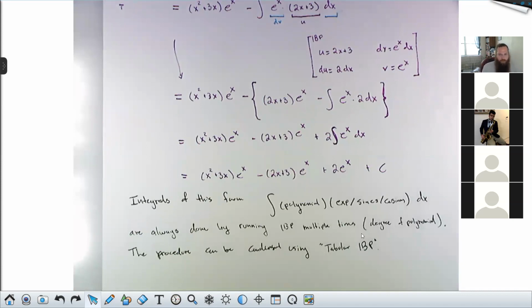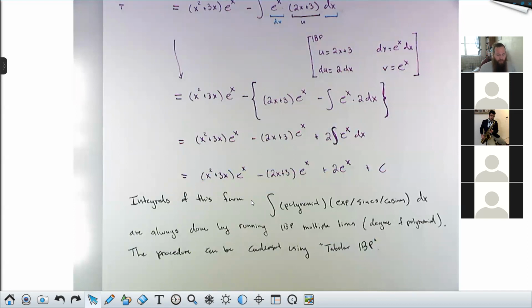So I invite you to Google tabular integration by parts, because it will allow you to do things like this a little bit quicker. Basically, you just have one column that is repeated derivatives and the other column is repeated antiderivatives, and you form a kind of alternating sum.